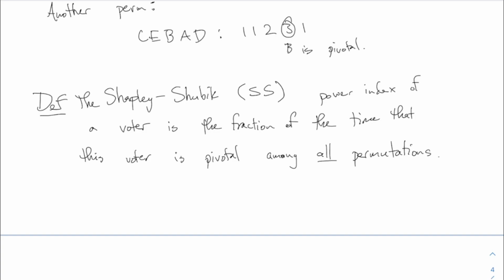All right. Remember, the permutations means just another way of rewriting the things in a different order. And each individual permutation, each individual ordering, is not meaningful by itself. But if you look at all possible ways of reordering them, and then see who is going to be pivotal the most often in all of those different ways, that's how you do this Shapley-Shubik thing.